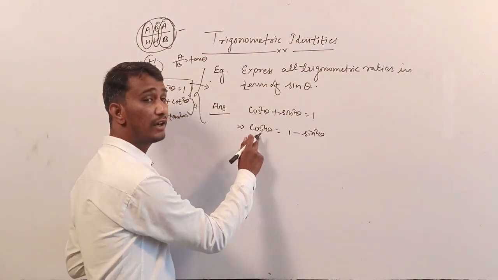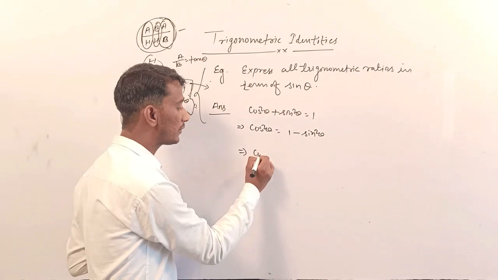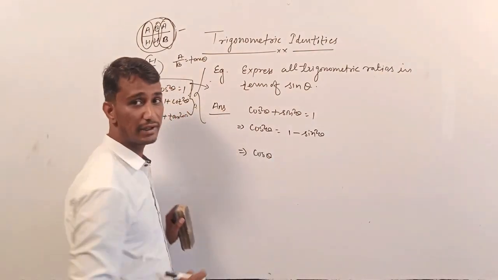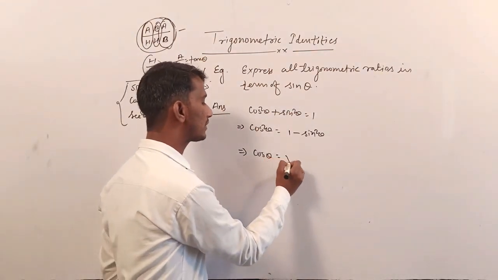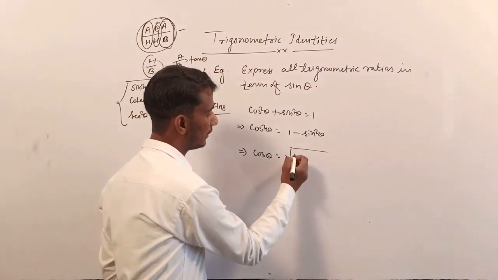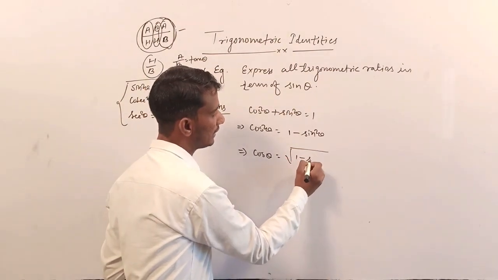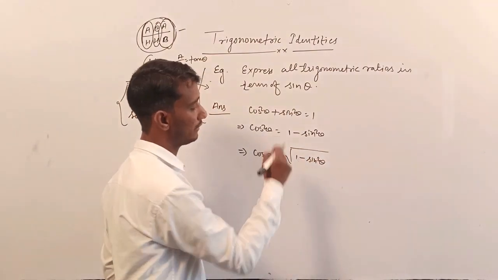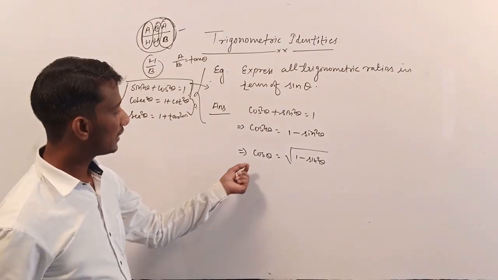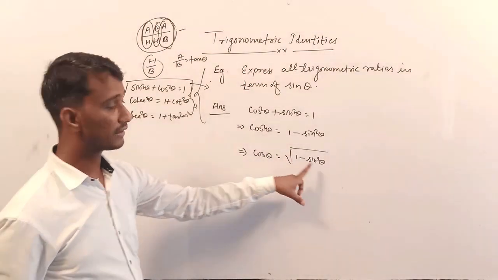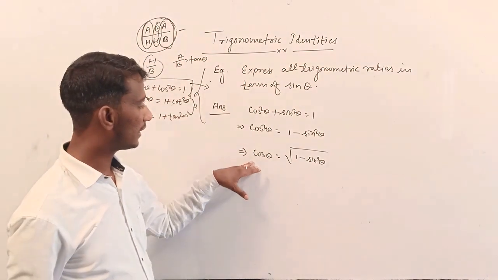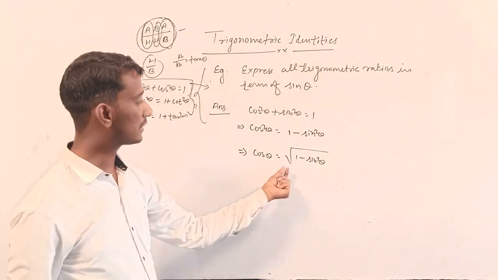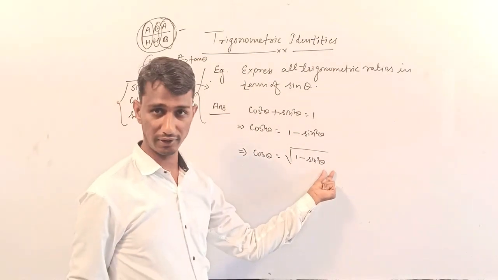Now we want the value of only cos, so we remove the square by putting the under root sign on the RHS: under root 1 minus sin square theta. It means we easily represent cos in sine. You can write cos is equal to under root 1 minus sin square theta.